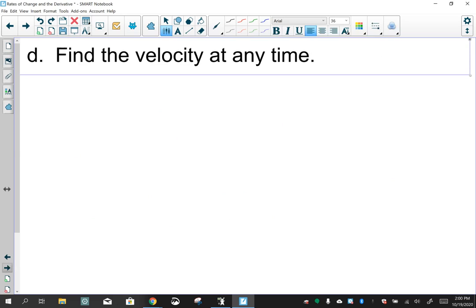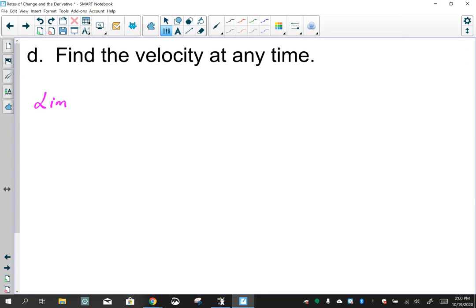Part D, find the velocity at any time. So this one goes back to the one that we were talking about earlier, where you've got the limit as t approaches t sub 0. So we want an anytime one here. So it's f of t minus f of t sub 0 all over t minus t sub 0.